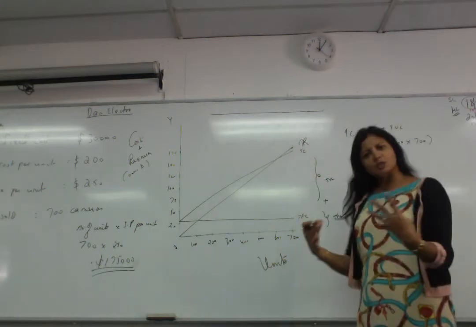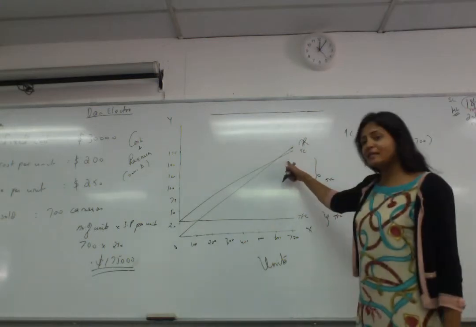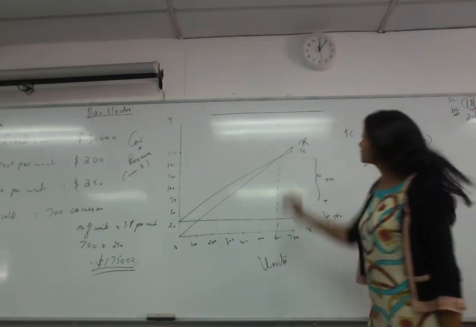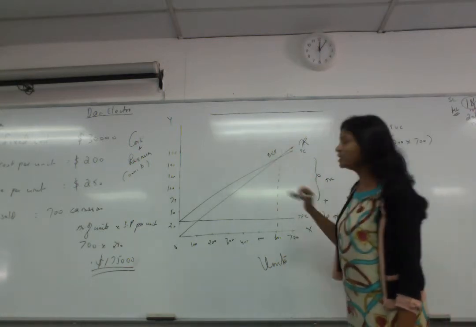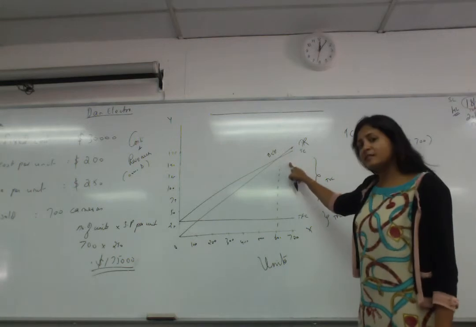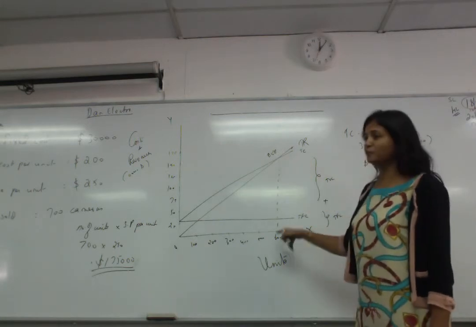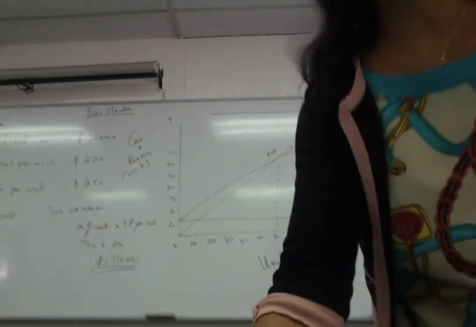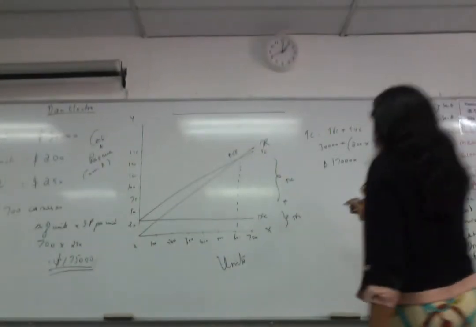So naturally, the two will intersect at the break-even point, which is 600 cameras. So that's the break-even point. The point where TR and TC intersect, that's the break-even point. And you want to double check that with the formula, because it has to be the same. So what's the formula?